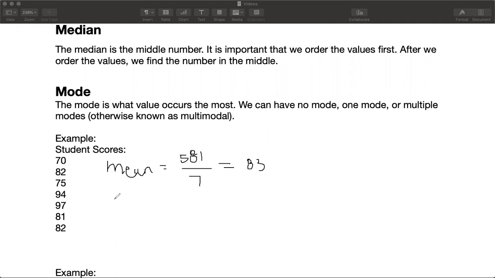Now the median, we first need to order all the numbers. So we have 70, 75, 81, 2 82s, a 94, and a 97.